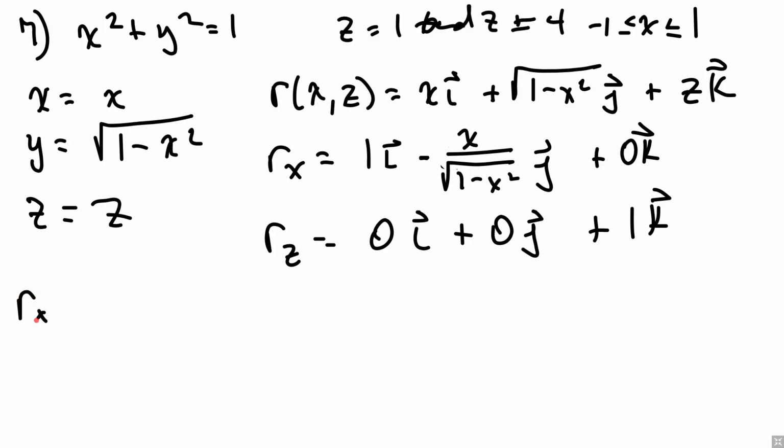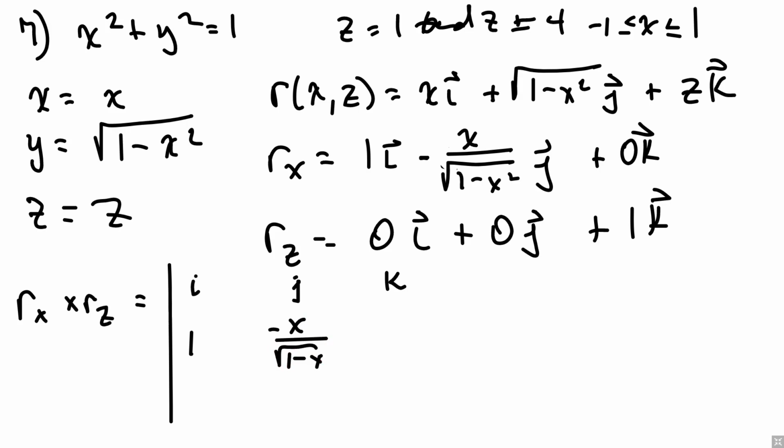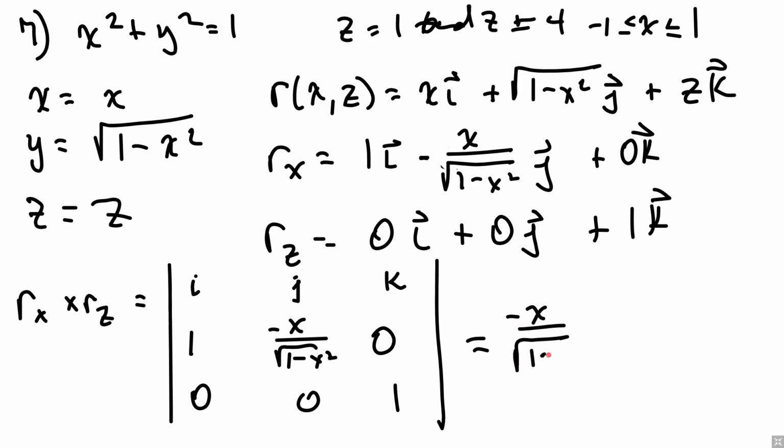So if we do the cross product, we have i, j, k, 1, negative x over the square root of 1 minus x squared, 0, 0, 0, 1. So if we look at the i component, we're going to get negative x over the square root of 1 minus x squared in the i direction.